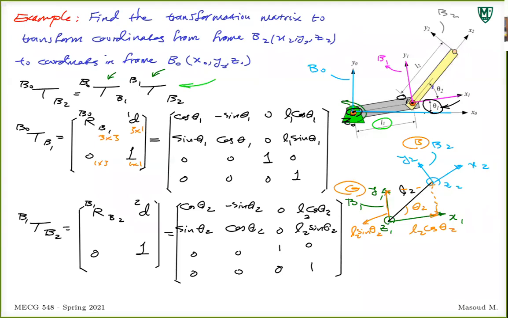Just two big matrices. Multiply these two: first row, first column gives you the first element, first row of the first matrix multiplied by the first column of the second. Just keep doing this and you will get your matrix, a huge matrix, T from B2 to B0.